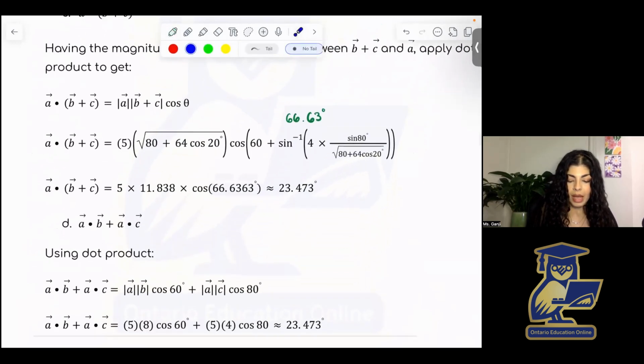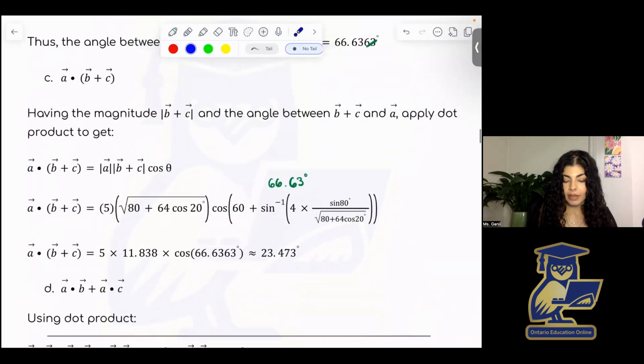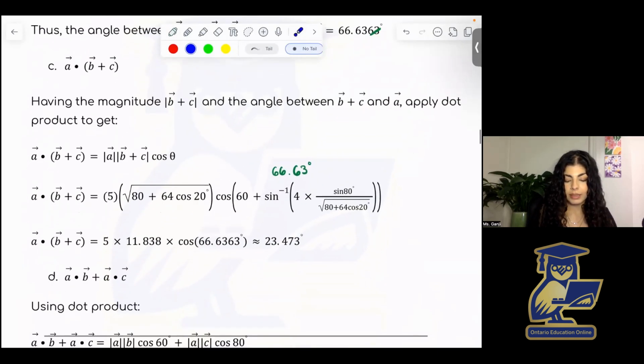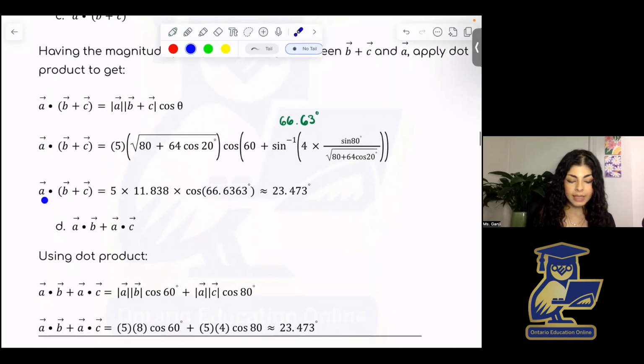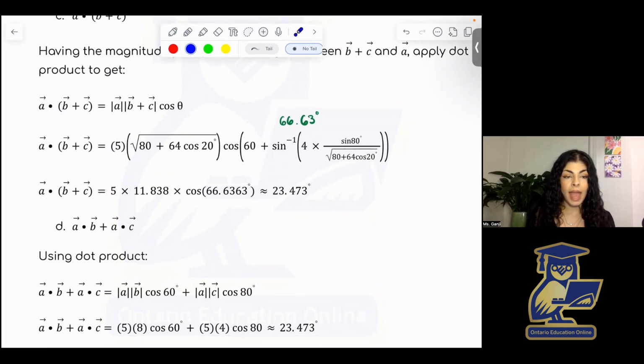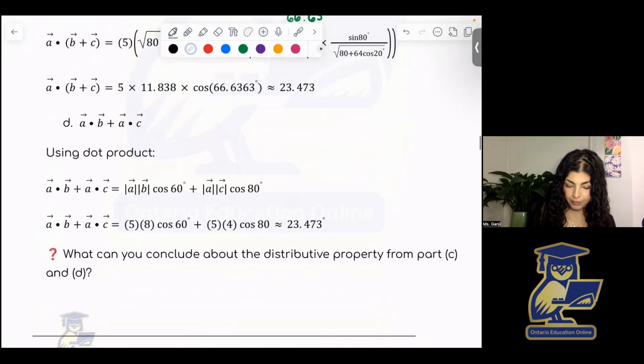And so, the reason why I did leave it up here as 4 decimal points as well is because, again, this gives me a more accurate answer here with the 4 decimal points. And finally, I see that the dot product of A and B plus C is 23.473 degrees. Or, sorry, not degrees. It's a scalar. My bad. So ignore this. And then also ignore it here.